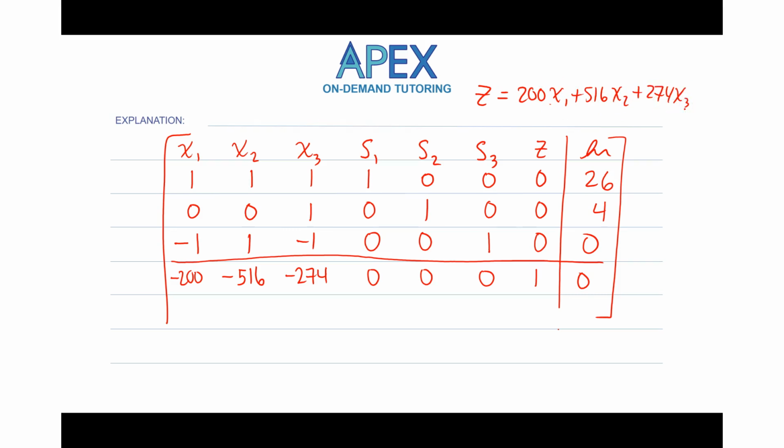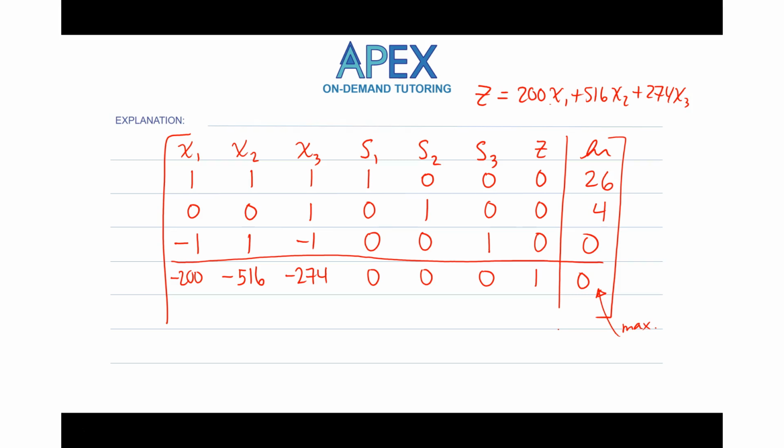I'm bringing everything to the left side of the equation so that it is equal to 0, and this is what I'm trying to maximize. So my process here is that I'm going to try to make this number down here as large as possible. That will end up maximizing the calories burnt while still being true to the constraints.